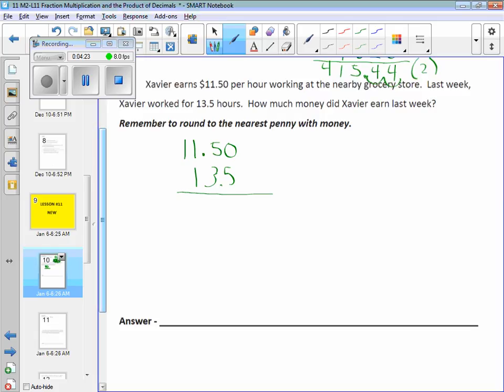All right, you ready? Got to multiply carefully because we're going to have 3 rows. 5 times 0. 5 times 5. 5, carry a 2. 5 times 1. 5 times 1, plus 2. 5 times 1. Add a 0. 3 times 0. 3 times 5. 3 times 1 plus 1. 3 times 1.